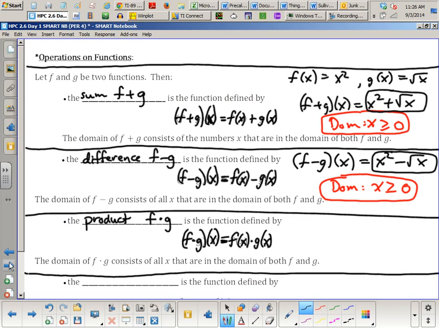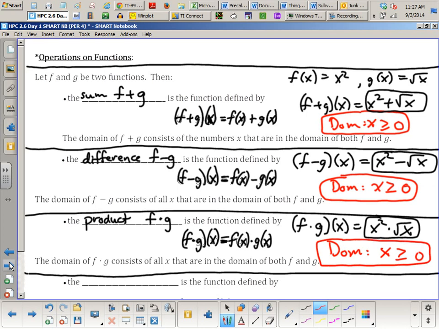In this example we've been working on, f times g would basically just be x squared times rad x. That would be your product function. And the domain is still that we cannot use negatives because of that darn rad x. So we still have the same domain rule here as well. I know it's repetitive, but it's important.